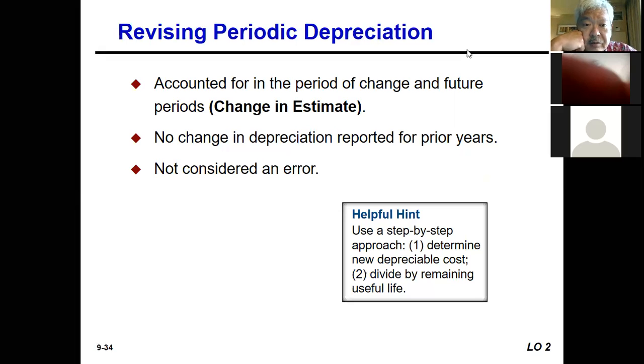So now your life expectancy for the period of depreciation will basically be just that first year. So you do have to recalculate and change the way that you will view depreciation. Notice this is not considered an error. This is just something that happened. Right?